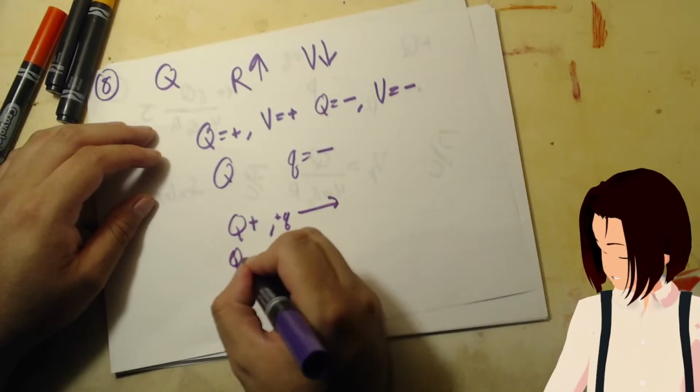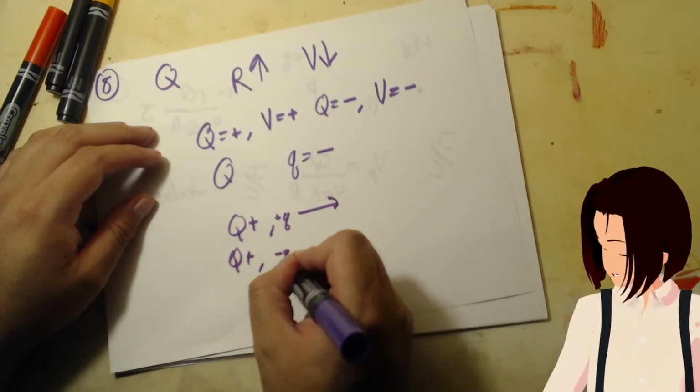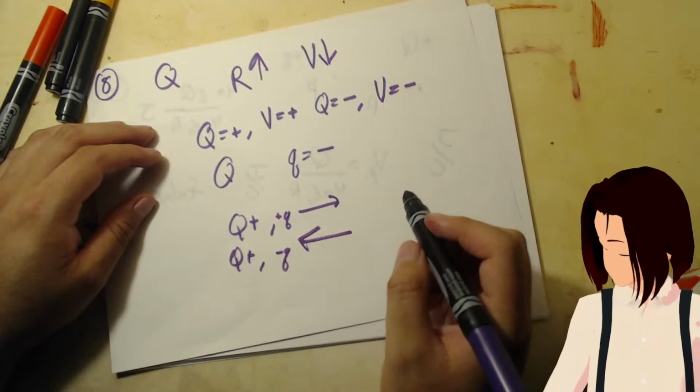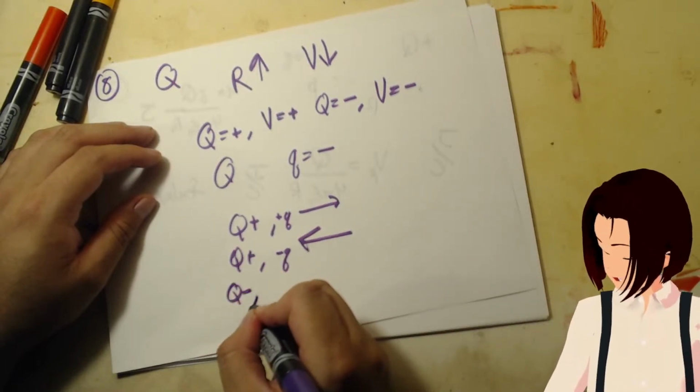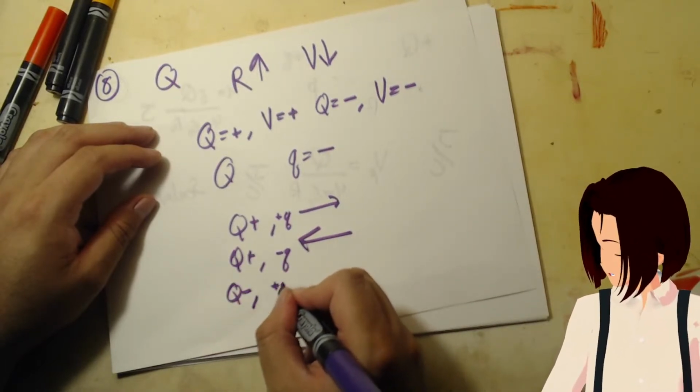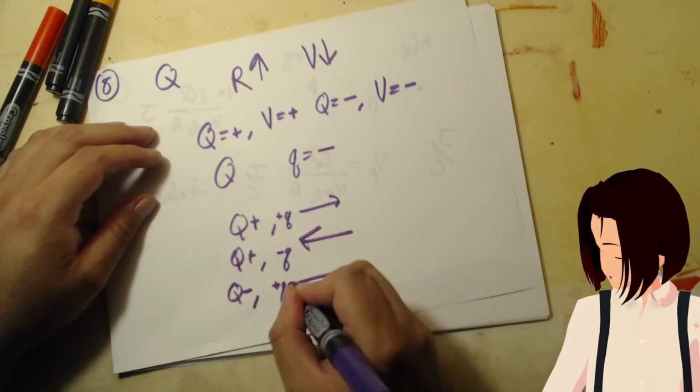If Q is positive but the test charge is negative, it wants to go towards it. If big Q is negative and the test charge is positive, it still wants to go towards it.